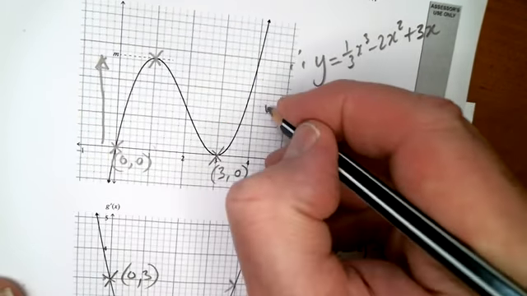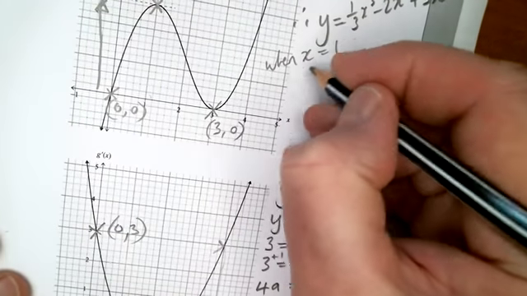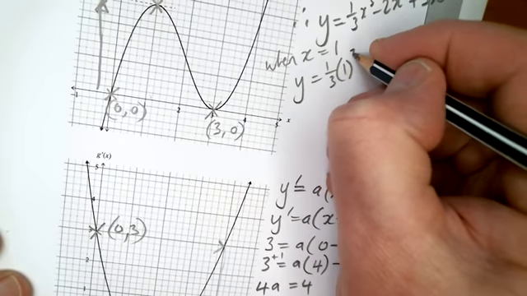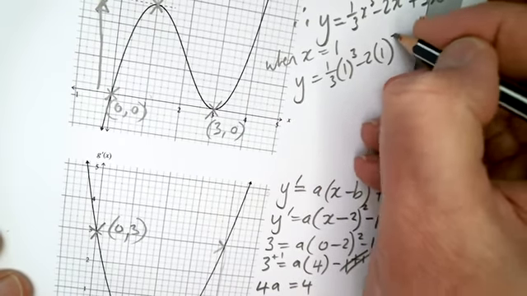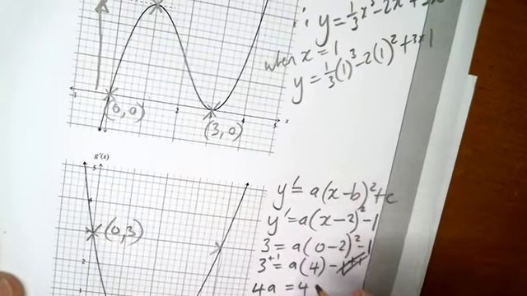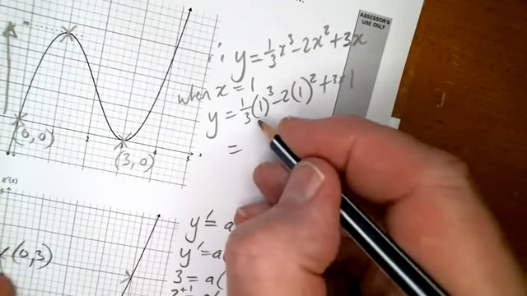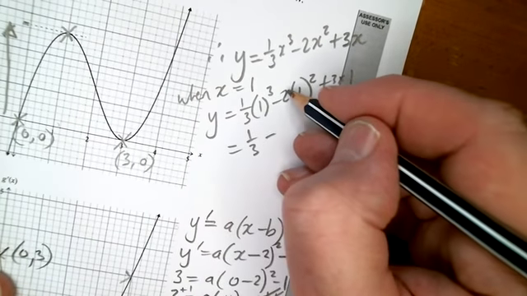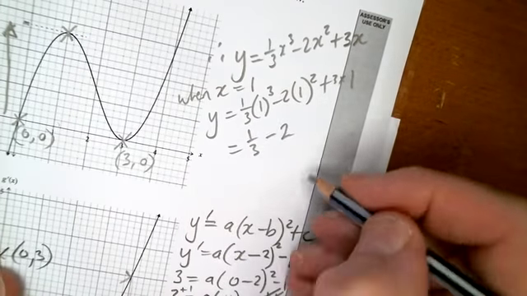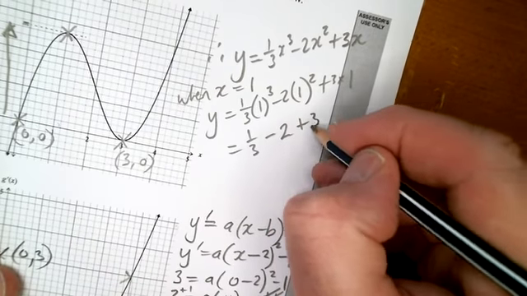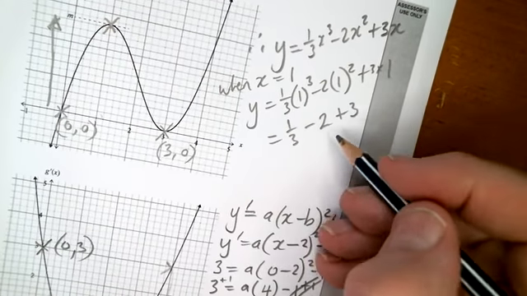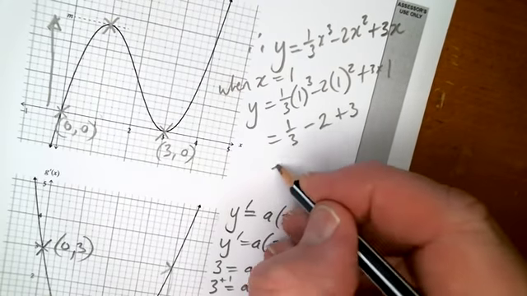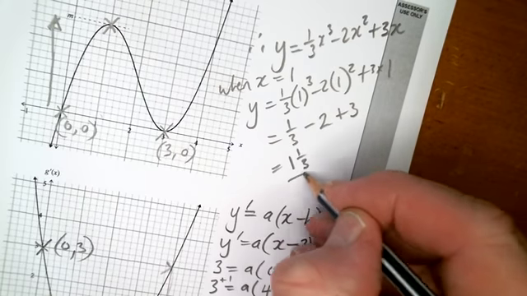So when x equals 1, y is equal to 1/3 times 1 cubed, minus 2 times 1 squared, plus 3 times 1. So 1 cubed is 1, so 1/3, minus 2 times 1 is 2, plus 3 times 1 is 3. 3 minus 2 is 1, so it equals 1 and 1/3.